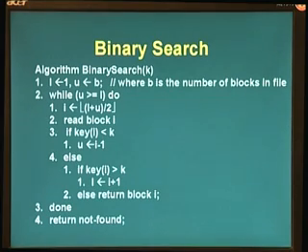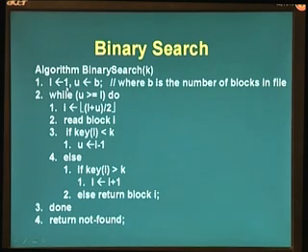Now suppose we are to search for a given key value k, we read the records from block I, that is the midpoint, and compare that with the required key attribute. Now there could be three different options. One is the key attribute is equal to the key that is read from the block, in which case we have found the record, therefore we return a success.